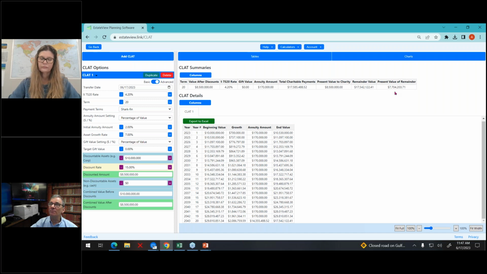My descendants will get a present value of $7.7 million. That's almost better than paying 40% estate tax and having them get 60%. Here, they're getting 70%, but they have to wait for it.